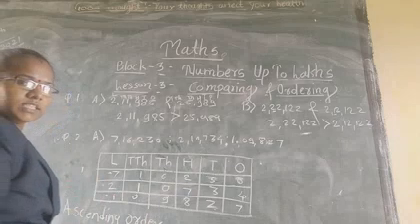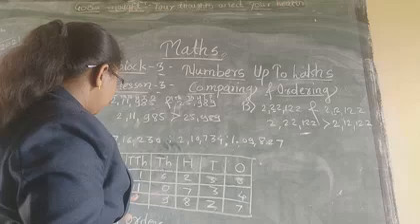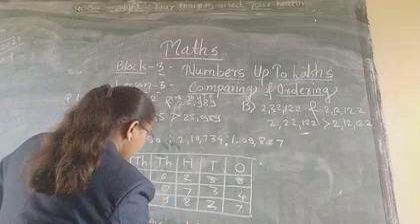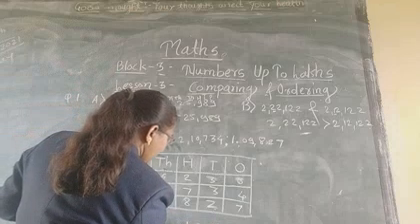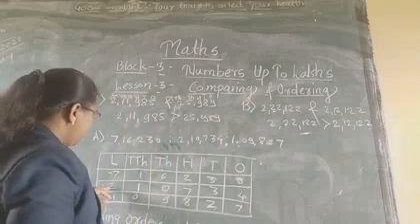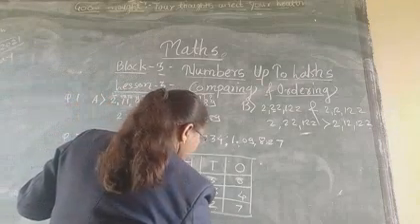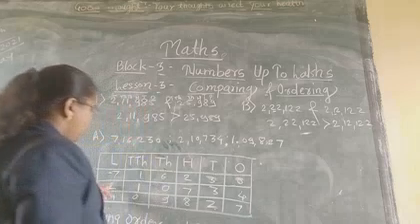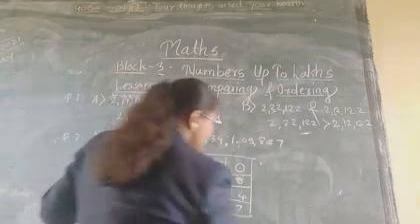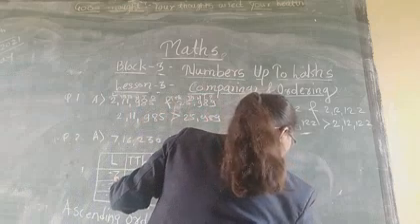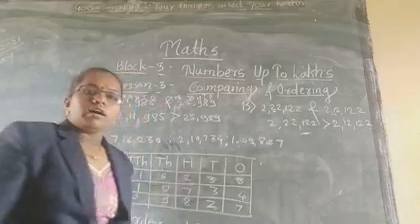Ascending order means smallest to greatest. So the first number is 1,09,827, then the second number is 2,10,734, and last is 7,60,230. It is called the ascending order.